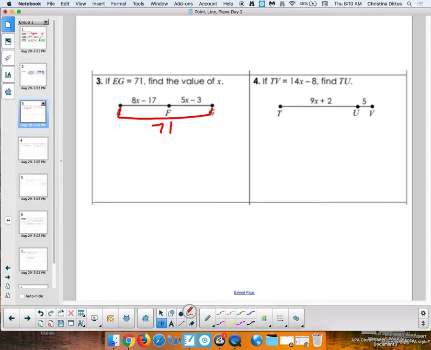What am I going to do with these two? Plus, add them. And what should it equal? Yeah, the whole thing, 71. Awesome. So we're just going to take this part, which is 8x minus 17, add this chunk, 5x minus 3, and set it equal to my whole line, which is 71.